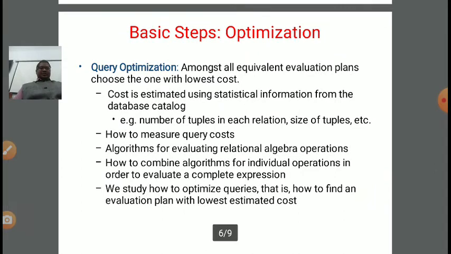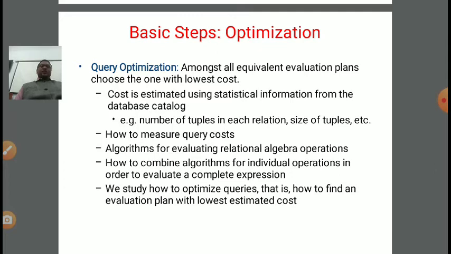Now optimization, the second step. What is query optimization? Among all equivalent evaluation plans, we know that for a particular query there may be more than one evaluation plan, but the question arises which evaluation plan is most effective, having the least cost and being the fastest.